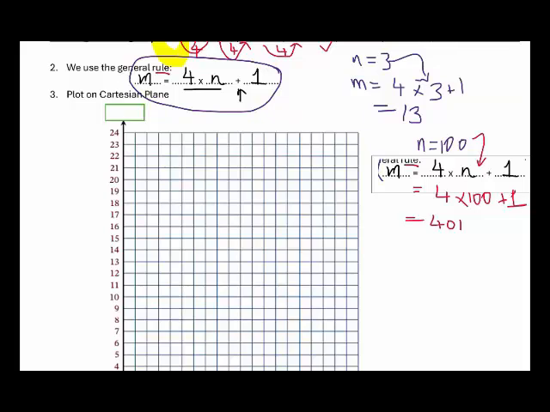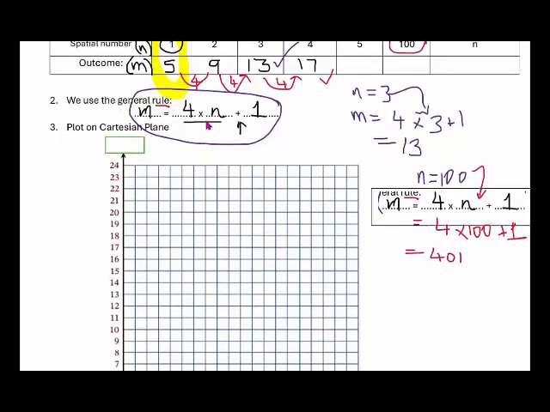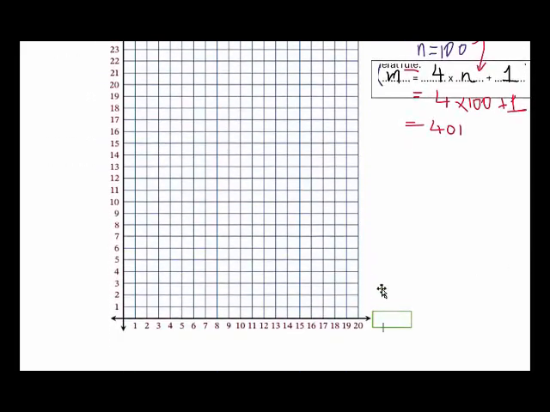You can see that I'm going to plot them. Now over here, my spatial number is the independent variable. It's the thing that we change, and the outcome depends on what spatial number that is. So in maths, we always put the independent variable down the bottom.